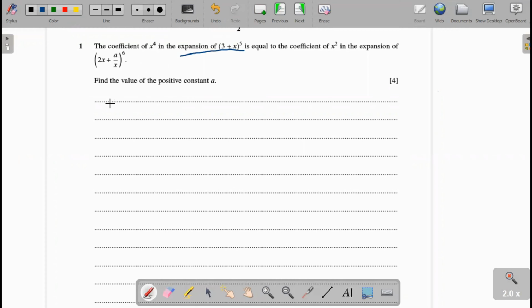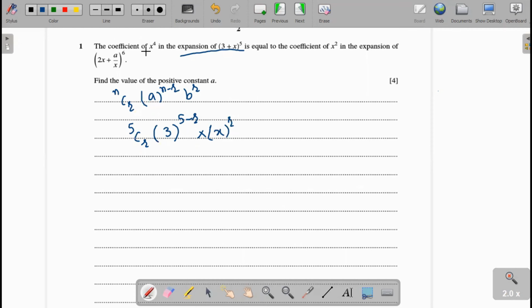Now, the general term formula of the binomial expansion is nCr a^(n-r) b^r. Here n is 5, nCr as it is, a is 3, so we put the value 3. Now 5 minus r, b is x, so we put x^r.